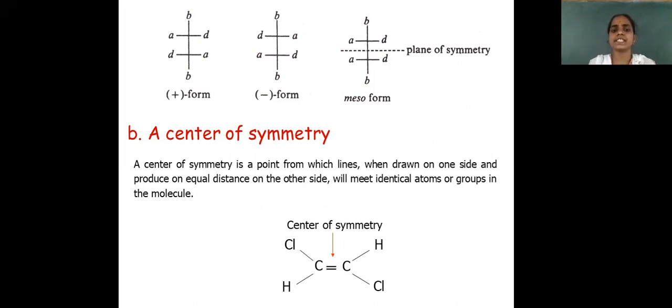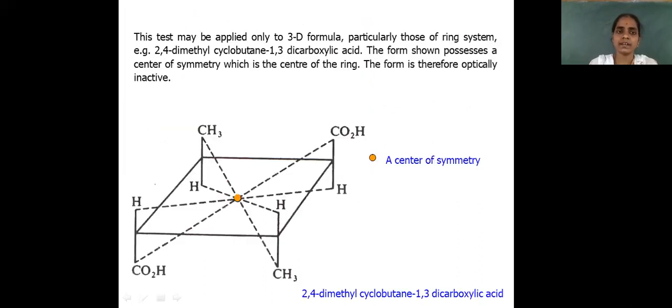See the example. By passing a point, by passing a line, whatever group is there on one side, the same group should be there on the opposite side. Chlorine on the opposite side of the double bond, chlorine is there; hydrogen on the opposite side of hydrogen, again hydrogen is there.